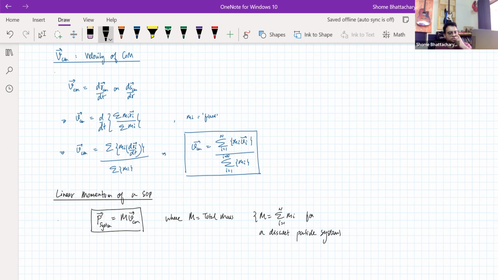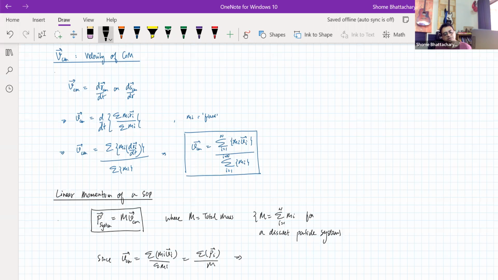Now from the above definition, we can also see that VCM is summation mv divided by summation m. So it can be written as the vector sum of the momenta of the particles divided by total mass.